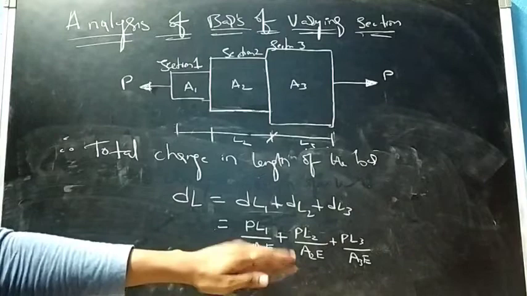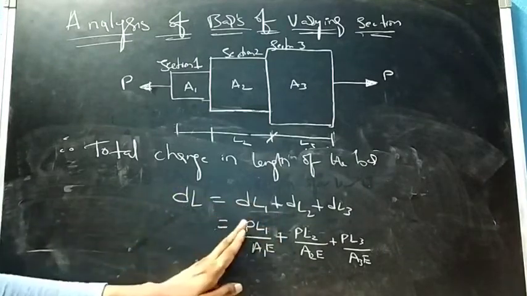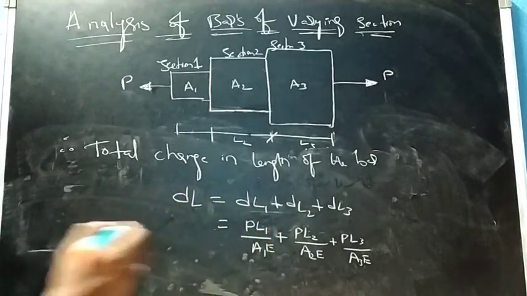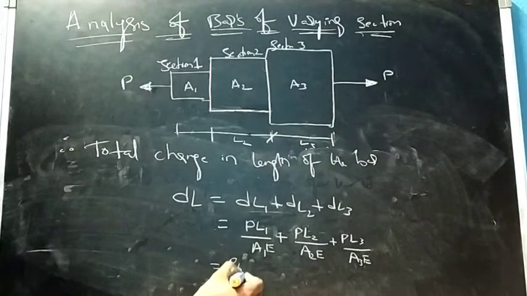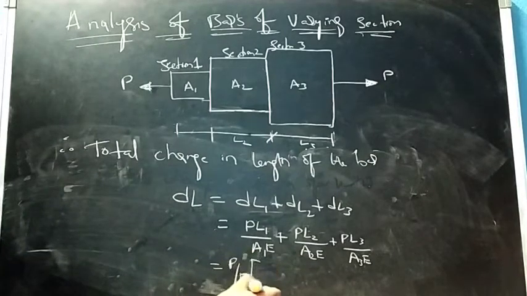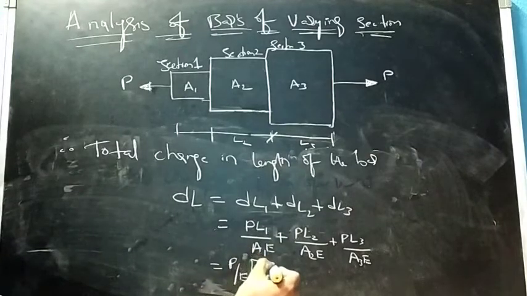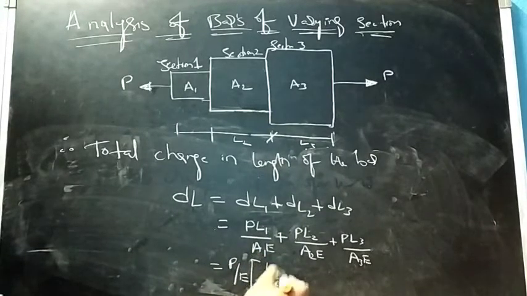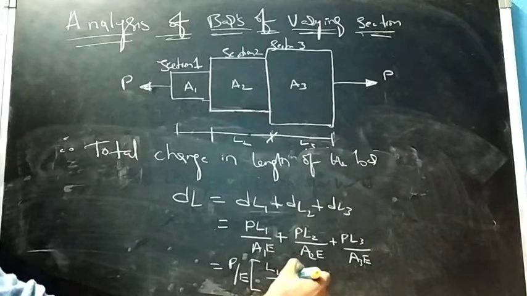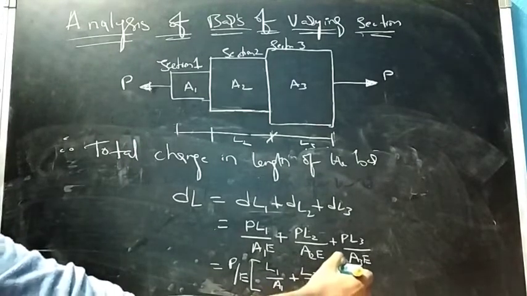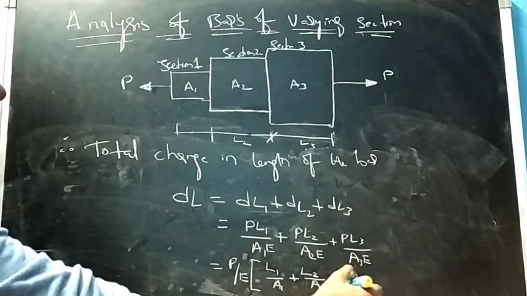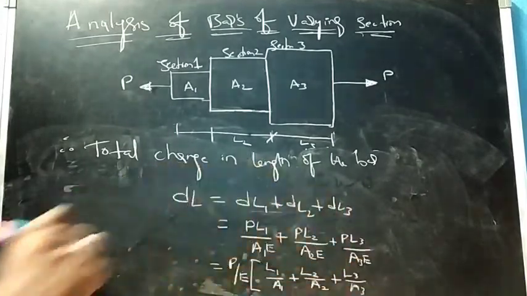So now from this I can take common P upon E, that will be equals P upon E times L1 upon A1 plus L2 upon A2 plus L3 upon A3.